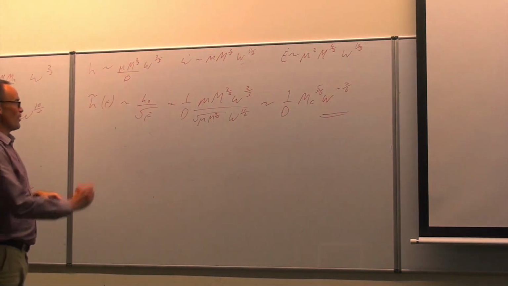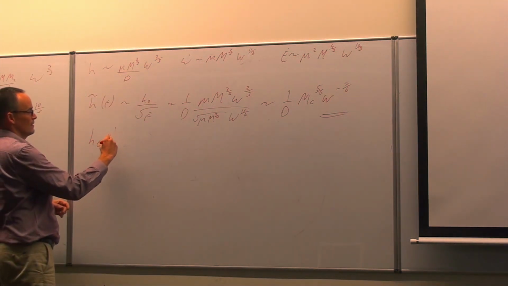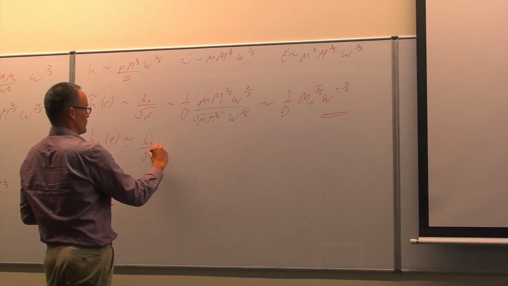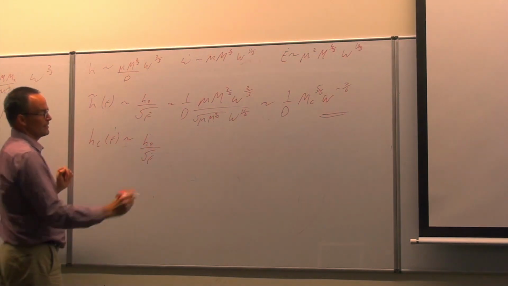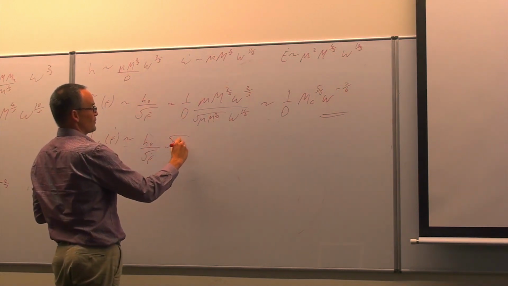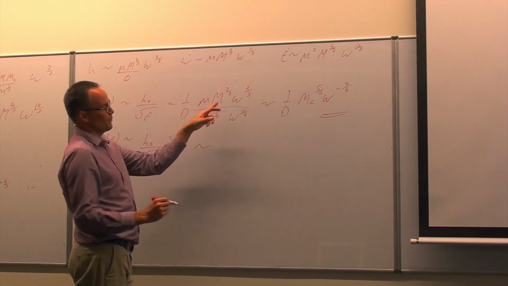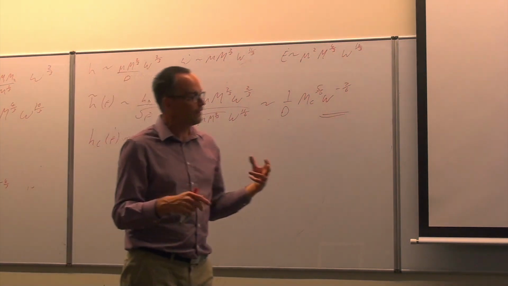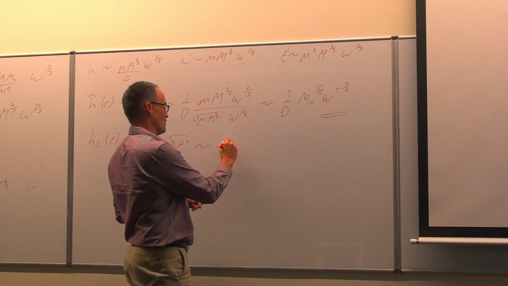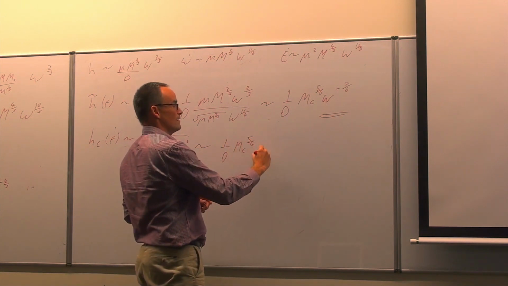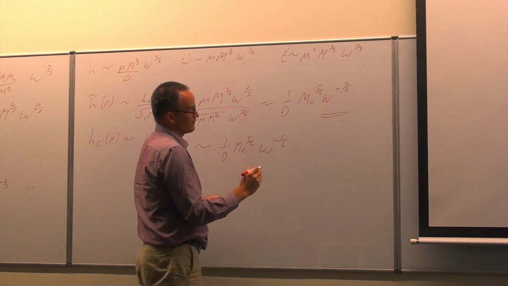Now the characteristic strain we defined as h tilde, which we've just calculated, times the square root of 2f squared. And so basically we're multiplying this quantity by omega, or f, and so that scales like f to the minus 1/6.